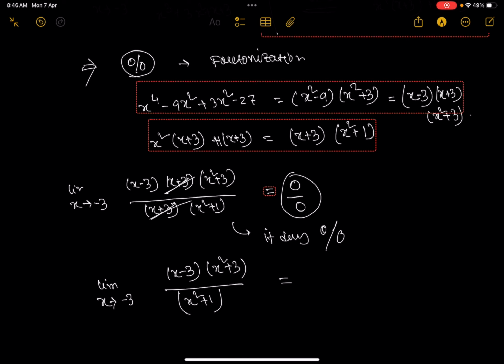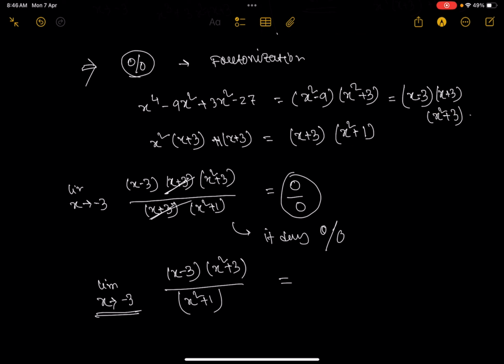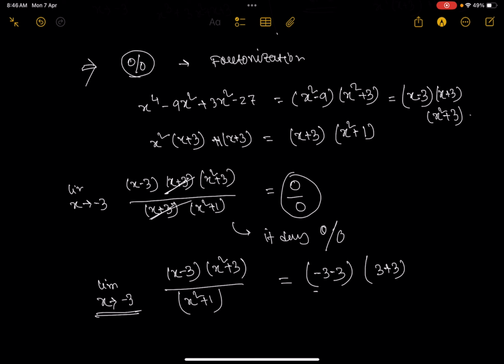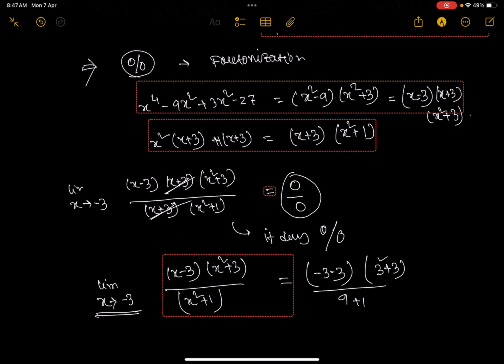So what is the value? Because it does not take 0 by 0 form, we put the value directly at the point. So minus 3 minus 3, minus 3 square plus 3 by 9 plus 1, minus 3 square.